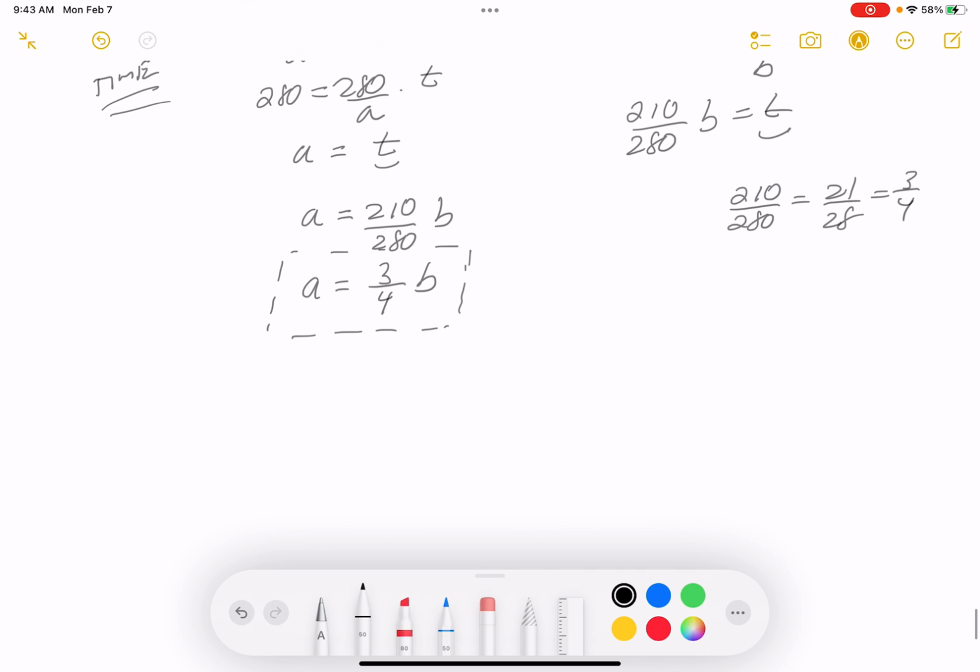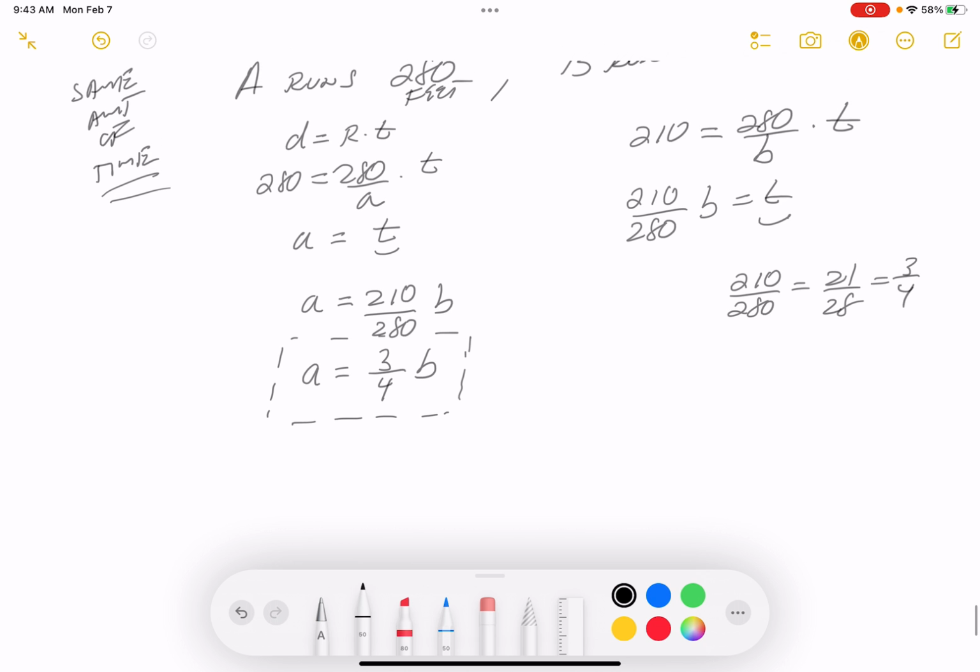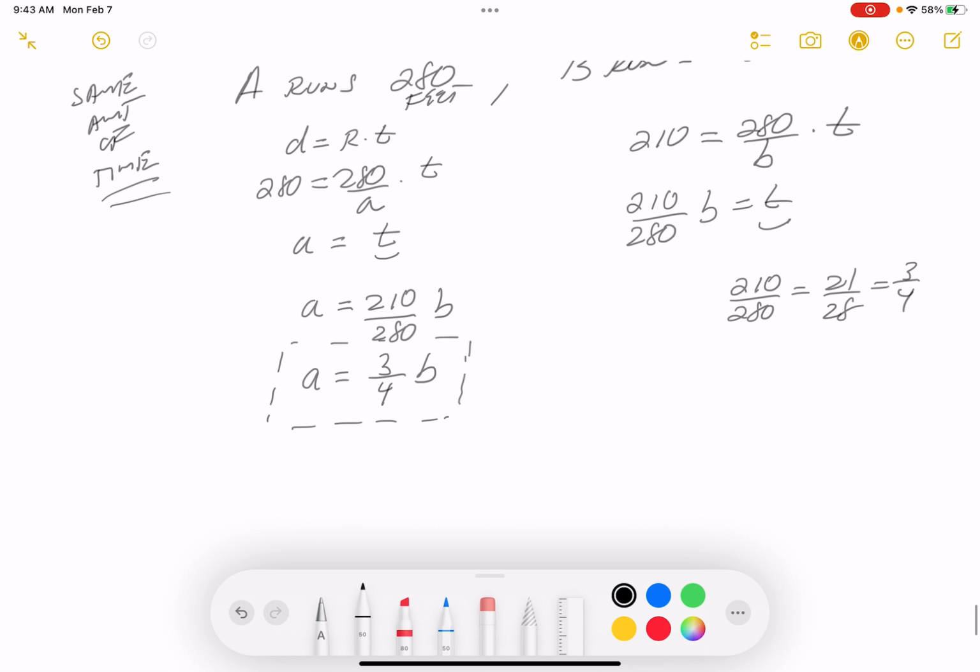And in the second race, there's still a head start over here. A runs 280 feet, right? And B is given a head start. Now how much? That's right, he's just pushed forward 35 feet.